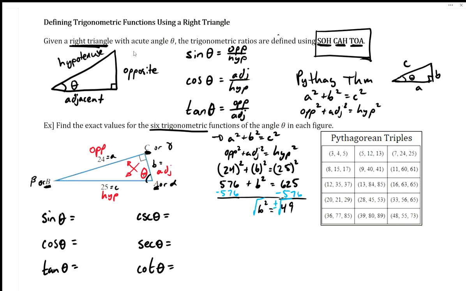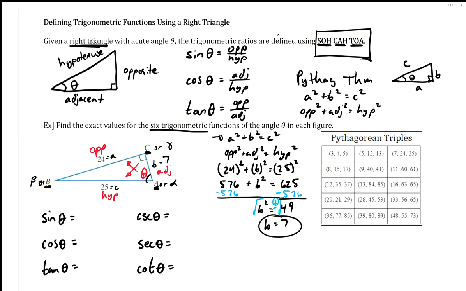Remember, when you square root, you should include plus minus. However, on this problem, it's a triangle. We should only have positive lengths. So we would get b is positive 7. So the square root of 49 is 7. Okay, so we have b is 7.